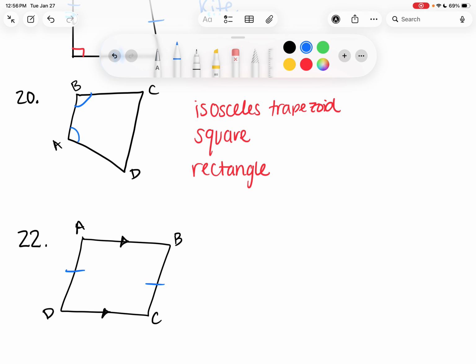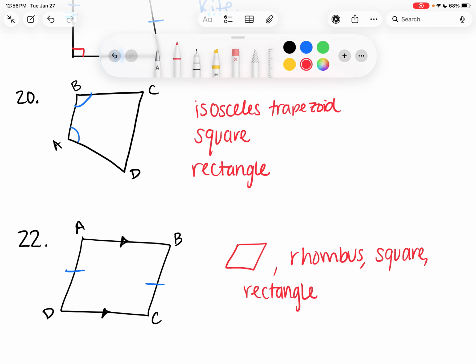So what possible shapes could this be? Parallelogram and rounded, so it's probably something else. Okay, those are two of the options. Maybe a square. Square, rectangle. Rectangle. What else? Isosceles trapezoid. Yep.